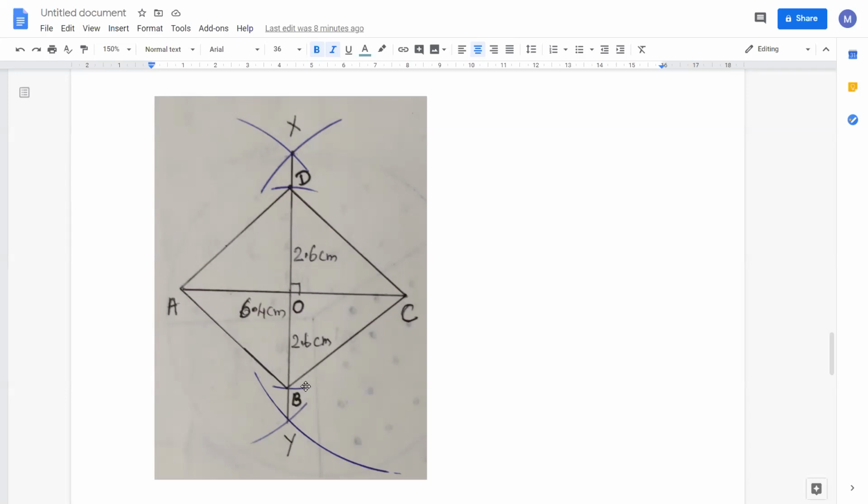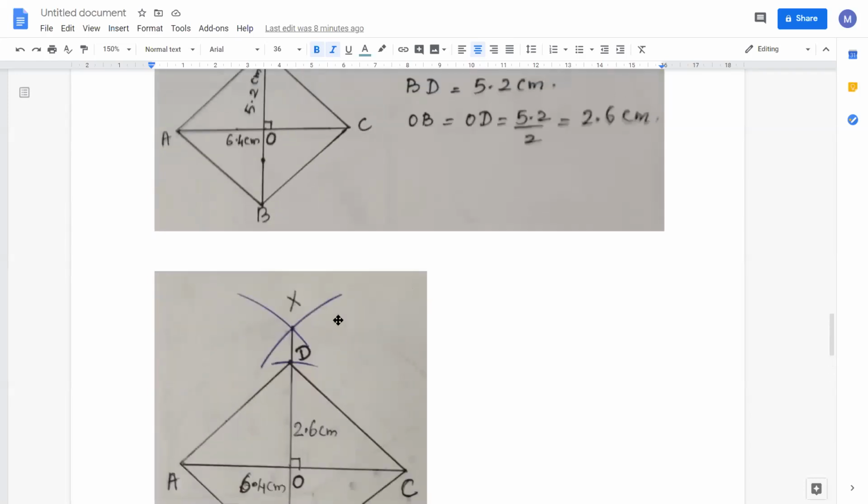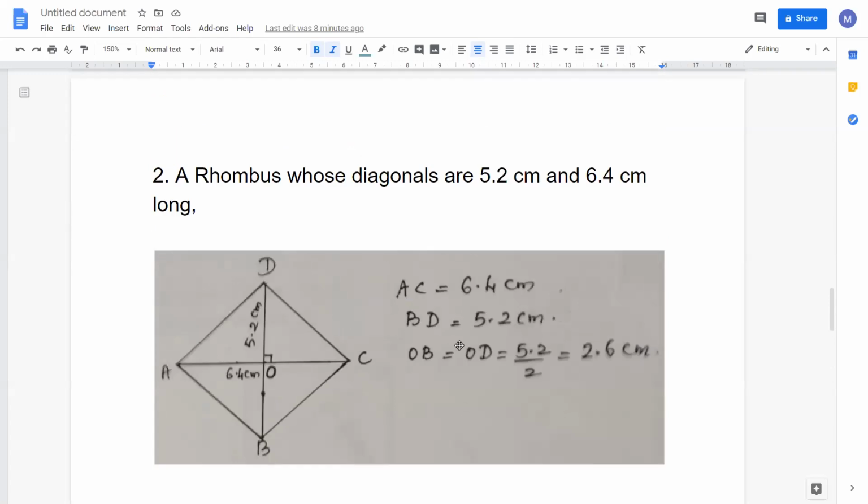Now on this perpendicular bisector, the other 2 points of the rhombus will lie. The other diagonal BD is of length 5.2. So OB and OD are half of that.